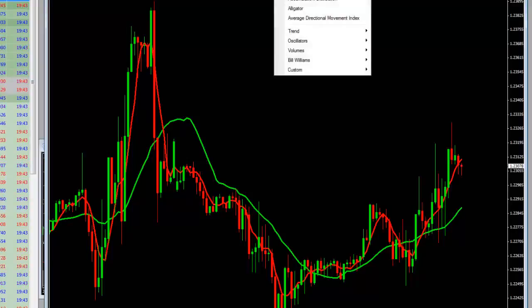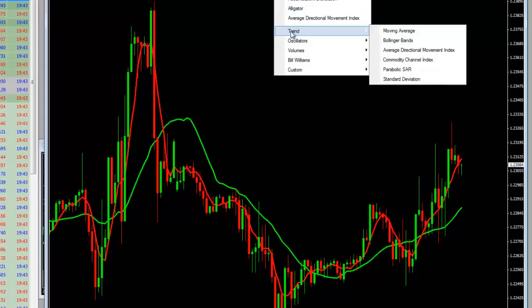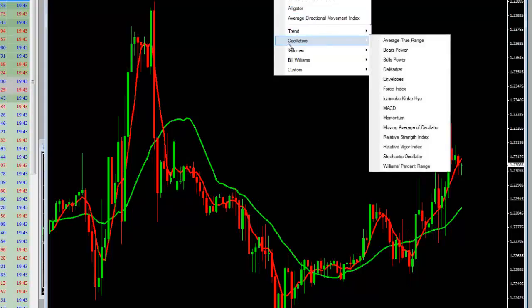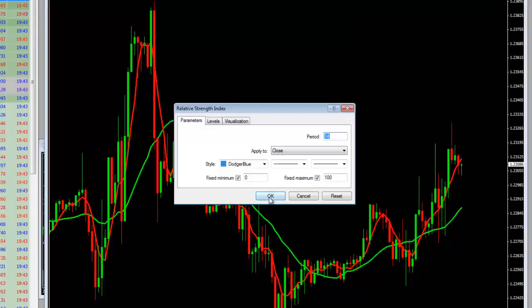Now all we have to do is apply our RSI. So we are going to go to oscillators, because it's an oscillator index. It's basically telling you when things are overbought or oversold. At our RSI, we're going to leave everything normal over here.